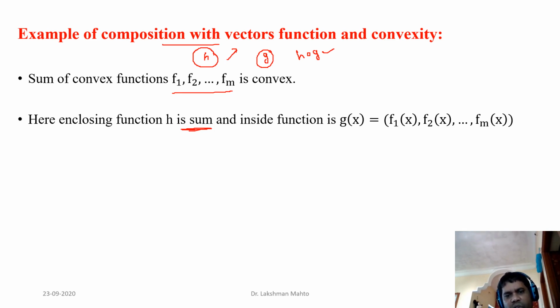So h is a sum function, and we know that the sum is always convex, as well as increasing in each argument. If you keep on adding arguments in the sum, you will definitely observe that it is increasing with respect to each argument.